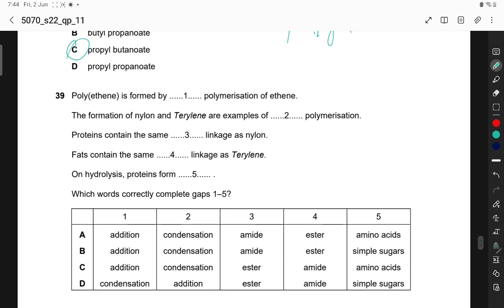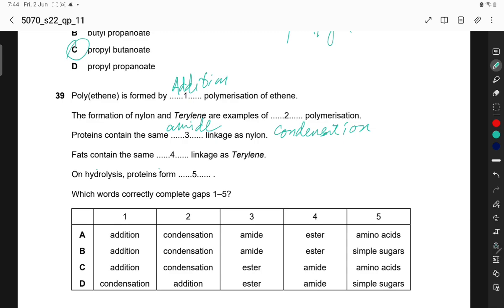Polyethylene is formed by addition polymerization. The formation of nylon and terylene are examples of condensation polymerization. Protein contains the same amide linkage as nylon.